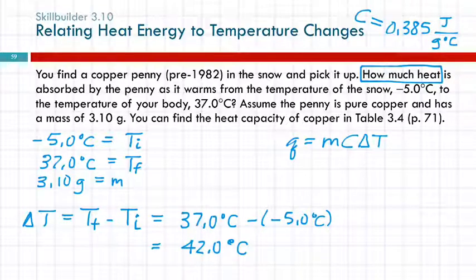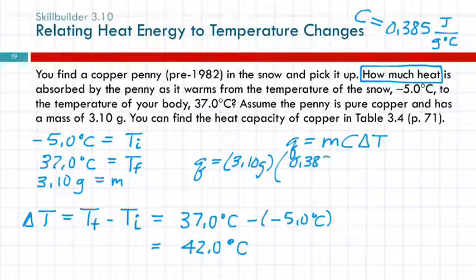So we've identified M, C, and delta T. We just need to put them into the equation. Q equals the mass, 3.10 grams, times the specific heat capacity, 0.385 joules divided by grams degrees Celsius, times 42 degrees Celsius.